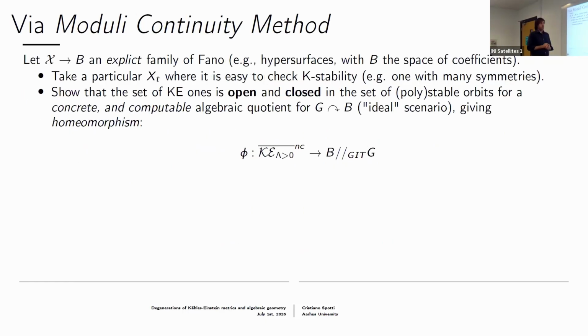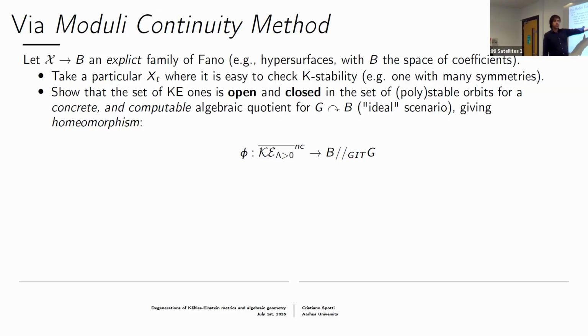But what if one wanted to do some examples? So this is purely abstract, but what if you want to do some example? So one strategy that becomes computable, that one can run, is this moduli continuity method, as several of you are very familiar with. And the idea is that here you plug in your abstract space.